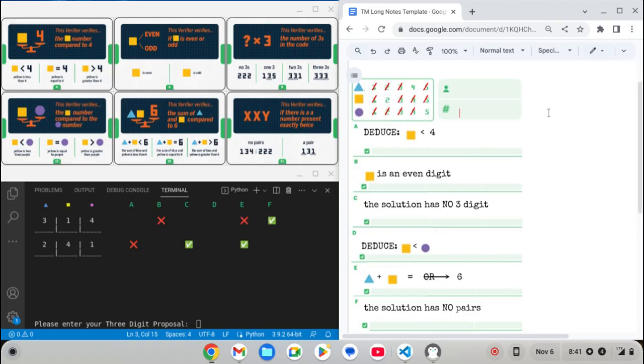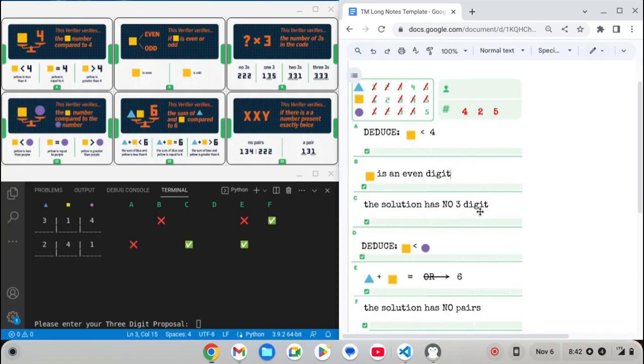Okay, so we are deducing outright that again square should be smaller than circle. But let's do a quick review. So is our middle digit less than 4? Yeah, it's a 2. It is even. There are no 3s. That's correct. We're deducing that the middle is smaller than the circle, the last one.